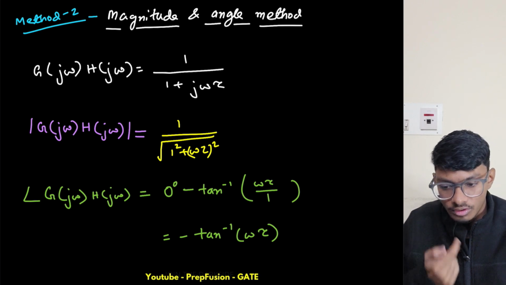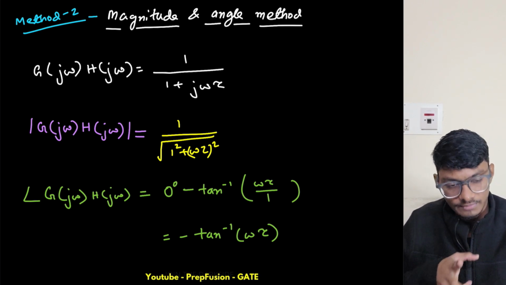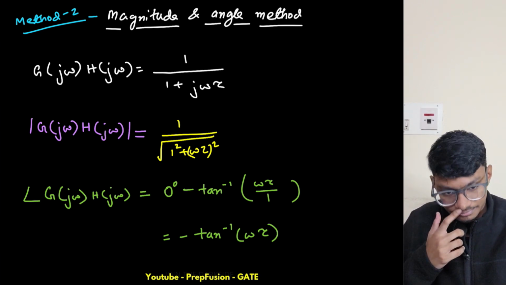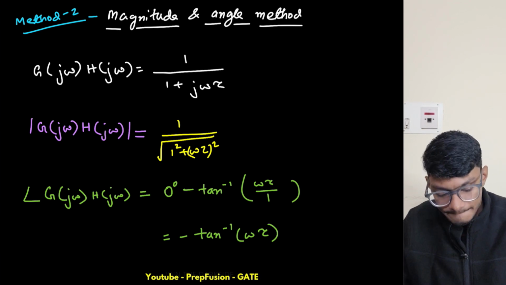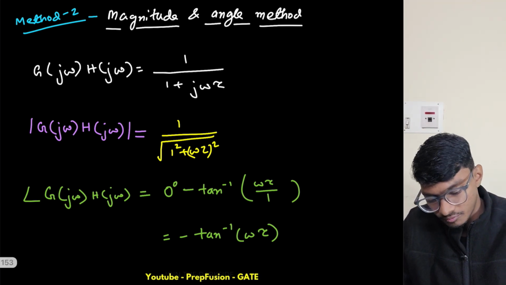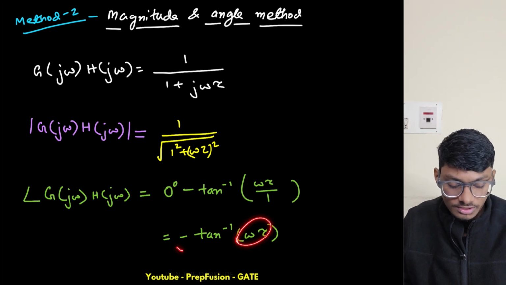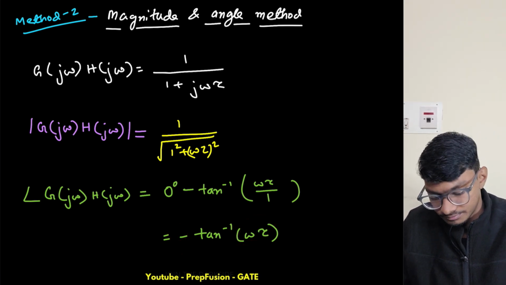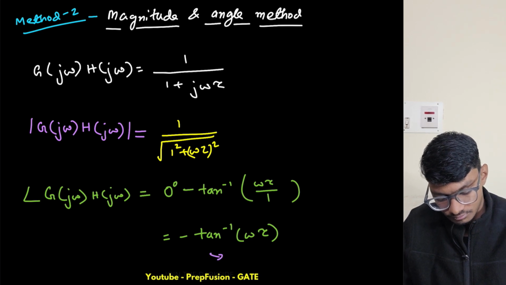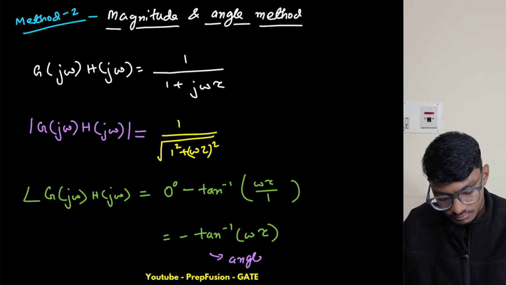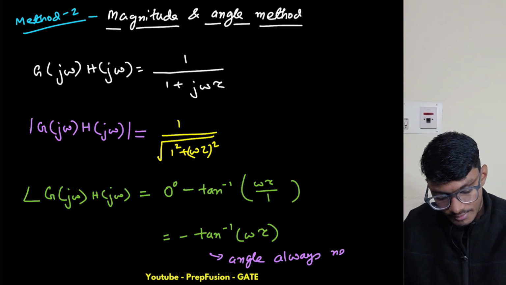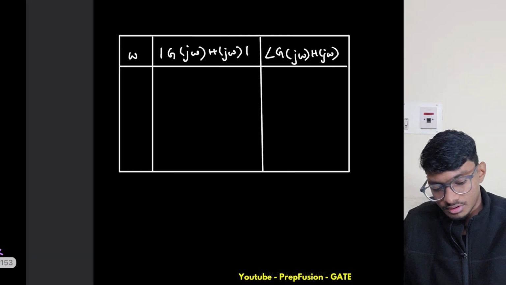This time it won't stay on the same axis. That is the point to note here. One point we can safely say is omega is always positive, so my angle will always be negative.